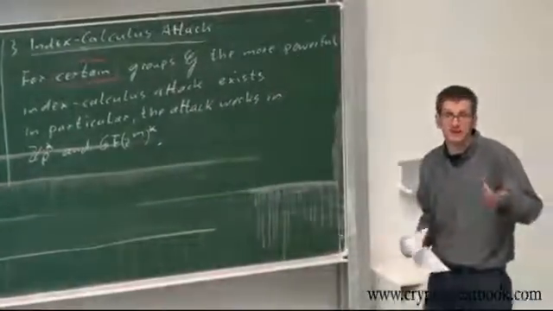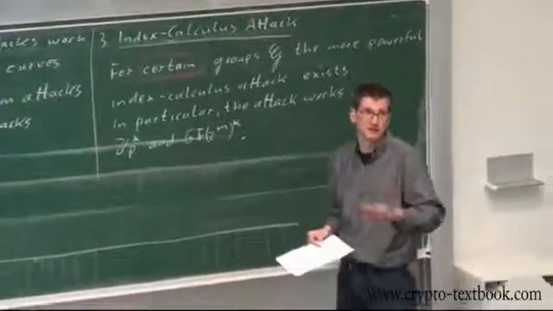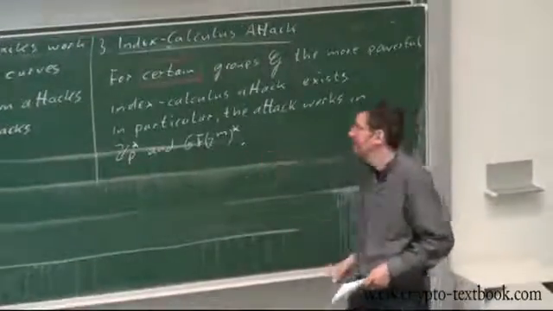It means the stuff that is in your web browser, because most web browsers actually don't have elliptic curves built in. They still do the classical Diffie-Hellman, modulo p.